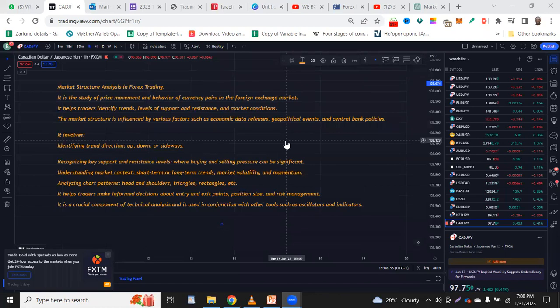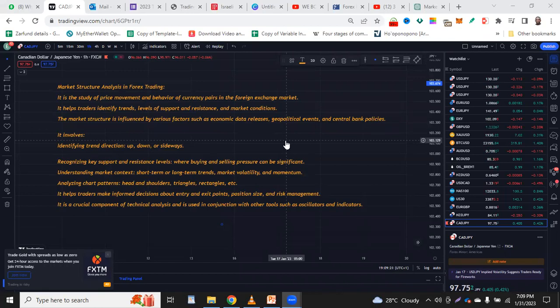Now the market structure is influenced by various factors such as economic data releases, geopolitical events, and central bank policies. When you're going through the chart, there are many things that cause the formation of a candle and the formation of a structure.